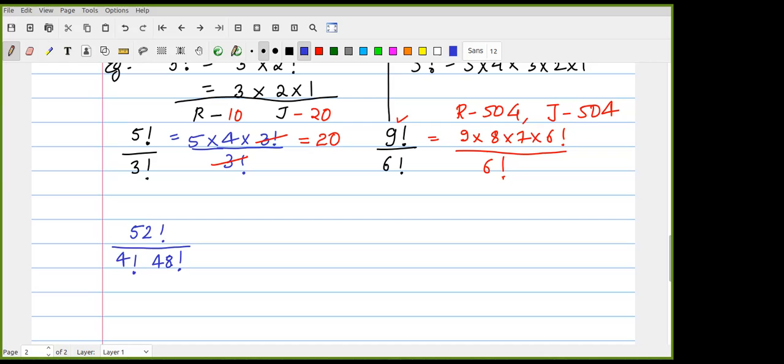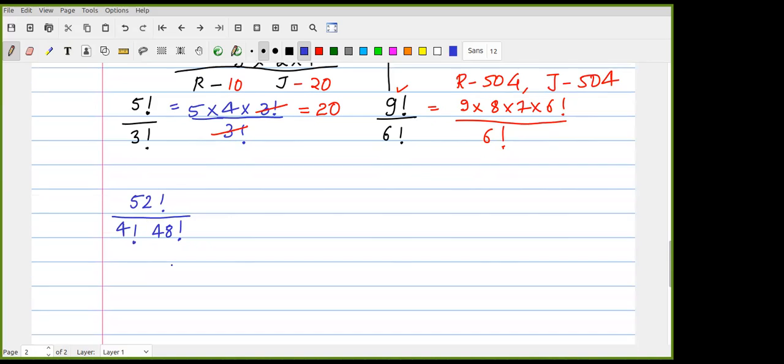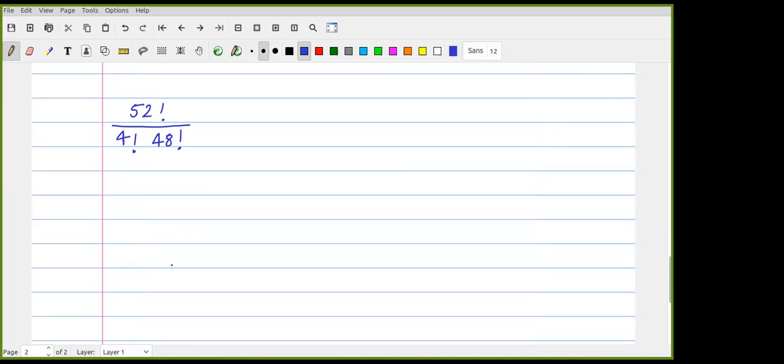So can you please solve? No problem. Now I want both of your help to solve this problem. Tell me how we will go about it. You remember you said something very nice last time: can we open it till only that number? So we will open it till which number? Sir, I did that. Sorry? 48. 48, right? So let us open it till 48.